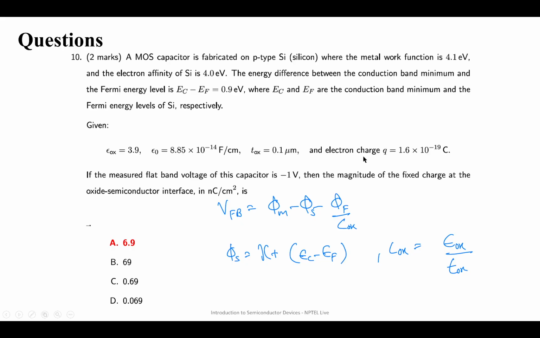Then you multiply that by 1.6 into 10 power minus 19 to get coulomb per centimeter square, and then convert it into nanocoulombs per centimeter square, and the answer you will get is 6.9 nanocoulombs per centimeter square.